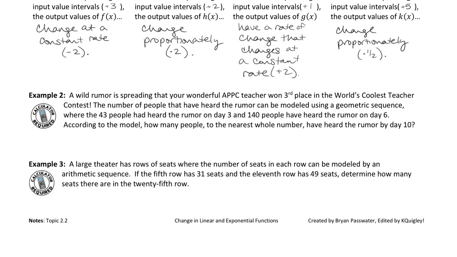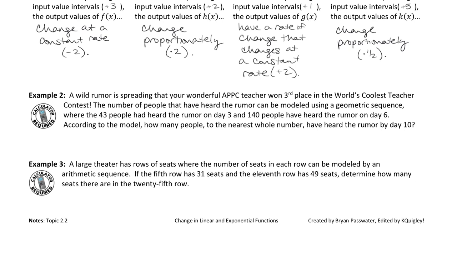Example 2, a wild rumor is spreading that your wonderful APPC teacher won 3rd place in the world's coolest teacher contest. The number of people that have heard the rumor can be modeled using a geometric sequence.